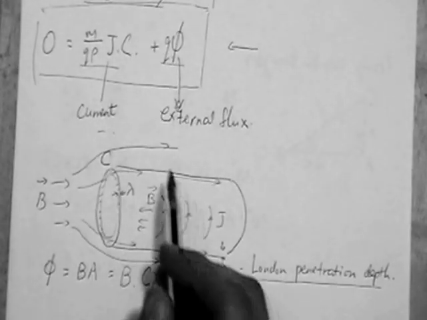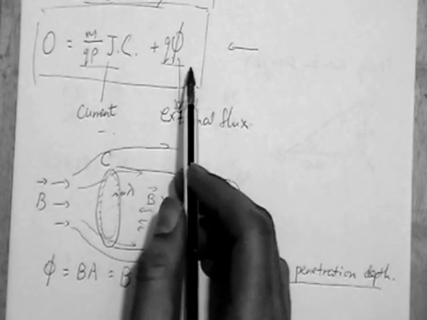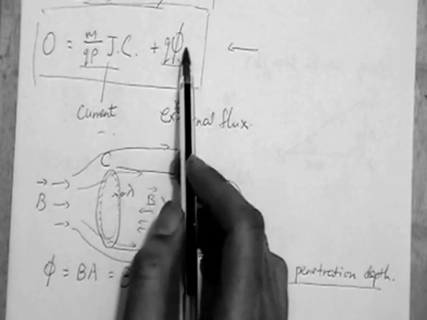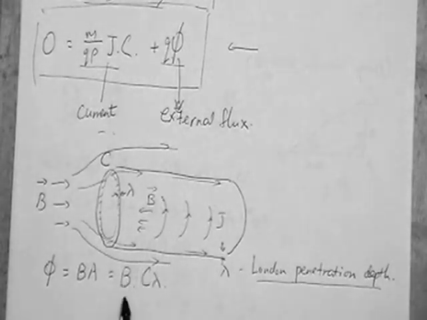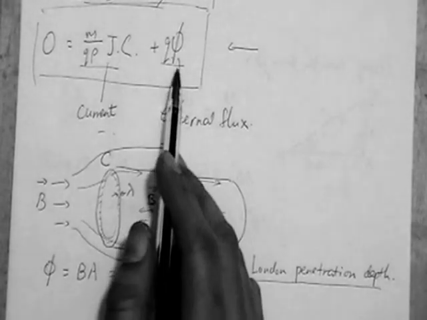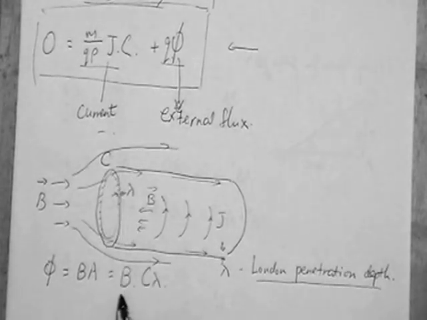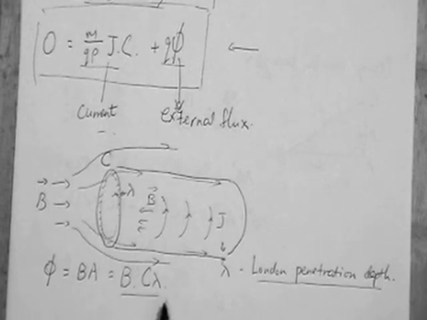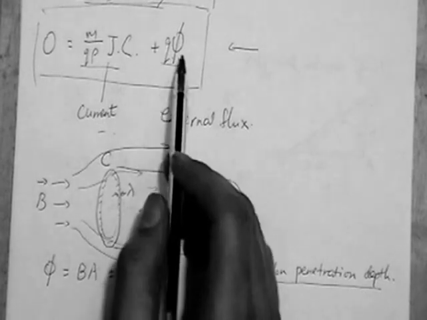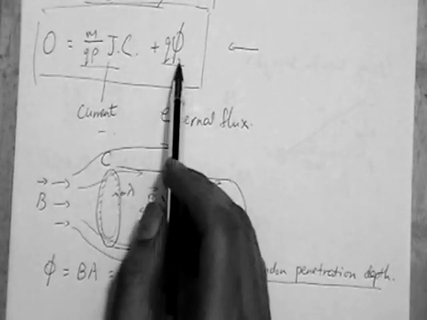So since we know that the flux is only restricted to this shaded area, we have this expression for the flux in terms of the London penetration depth. So let me substitute this into that expression.